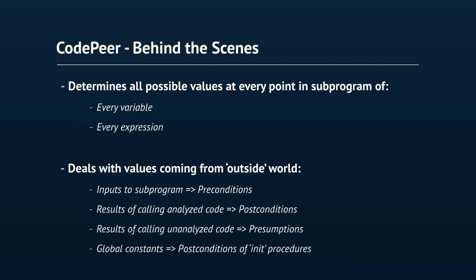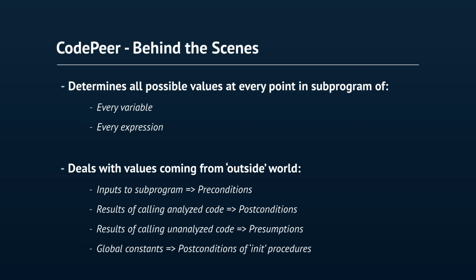So CodePeer tries to determine what assumptions you are making about the values coming back from code that was not analyzed. If we call some routine, it might be an IO routine, like get data from user, and then you immediately assume that those numbers are in some range, we document that you're making that kind of assumption.